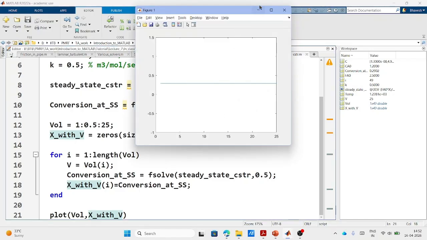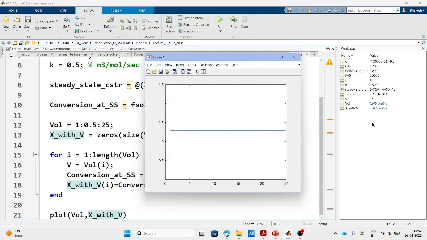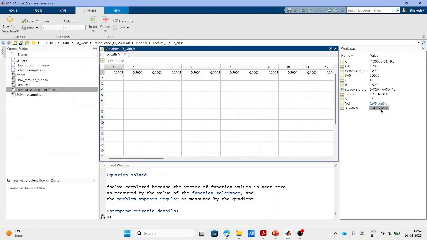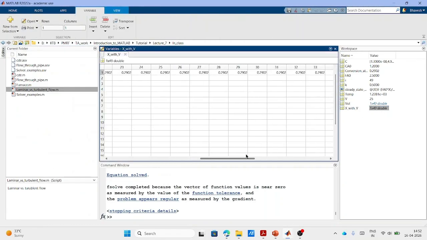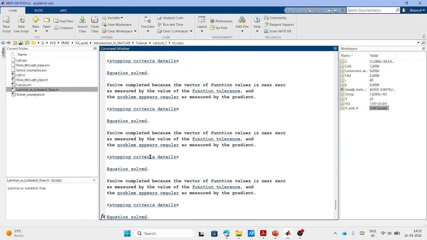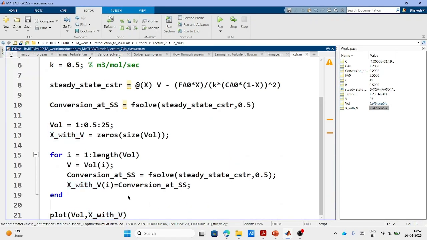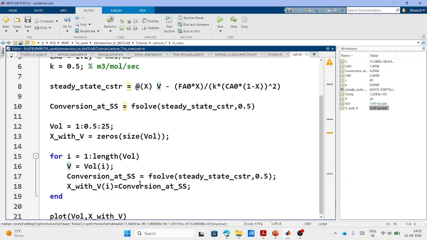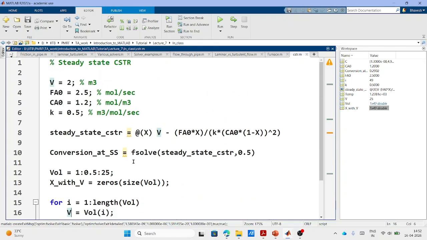So you can see it's actually not changing much. Wow. It's almost remaining constant. X with volume, conversion. V is updated every time. Yeah, FA0 is the same, CA0 is 7.5.